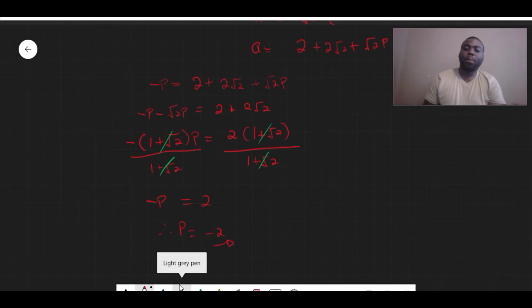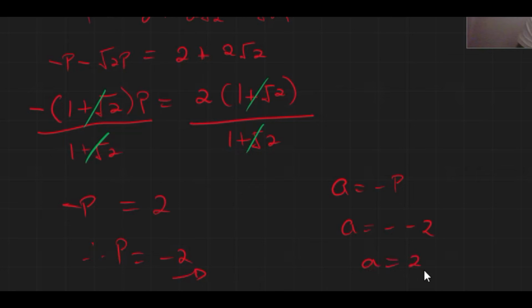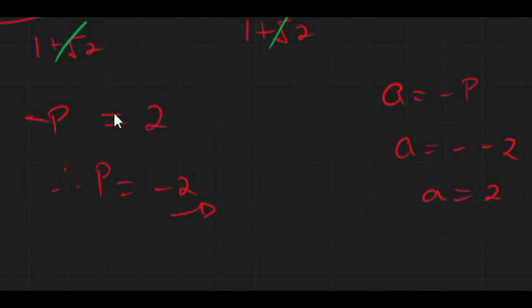So we have our p as negative 2, and that gives us a.